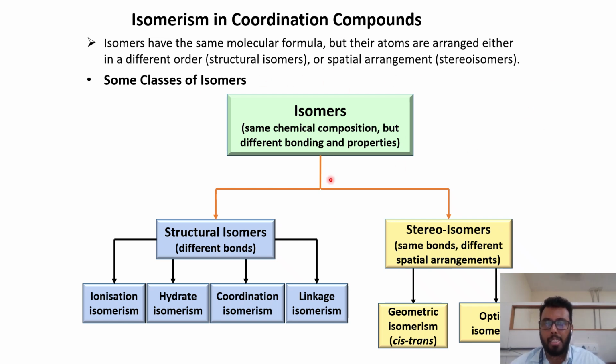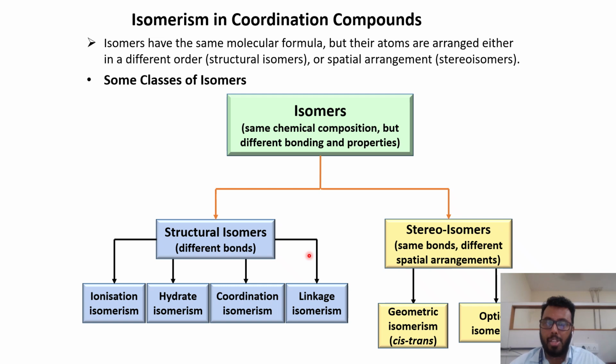Let's see some classes of isomers. As you can see from this slide, from this flow chart, isomers have the same chemical composition but different bonding and properties. Isomers can be majorly classified into two types: one is structural isomers and the other one is stereoisomers.